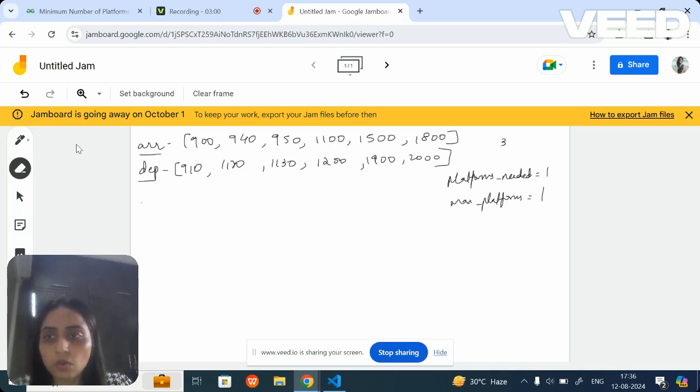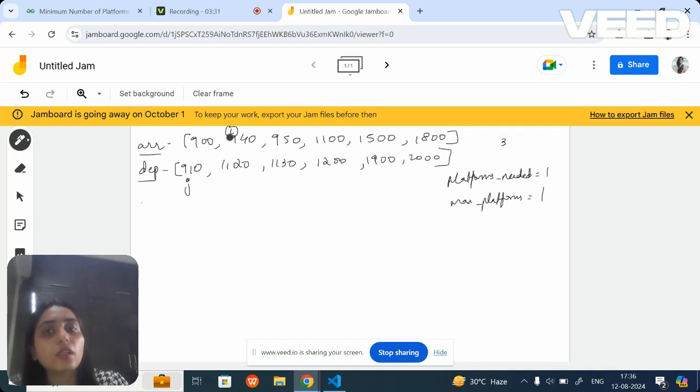Now let me just rewrite this properly. Now what we do is we take two indexes, i and j. i is your arrival and j is your departure. I'm keeping the arrival at index 1 because we don't have anything to compare already.